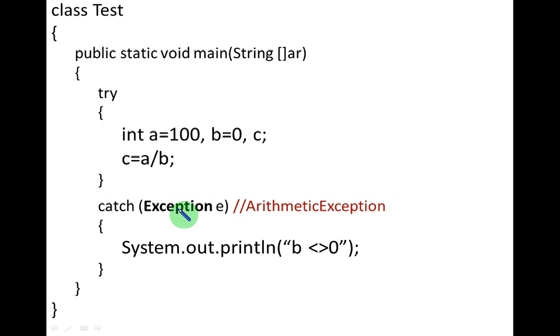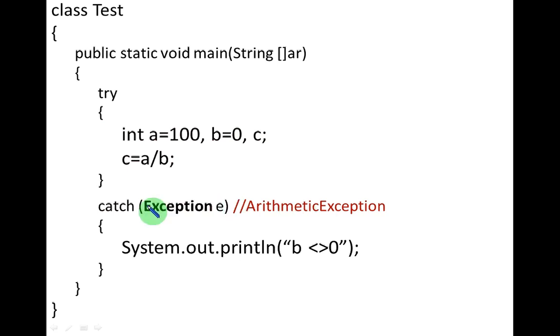This is the super class for all other exceptions, namely IO exception, file not found exception, SQL exception, array index out of bounds exception. Okay, so this Exception is the super class for all other exceptions. So we can generally specify Exception, otherwise we can give the exact name of the exception which is going to occur in this code, right?